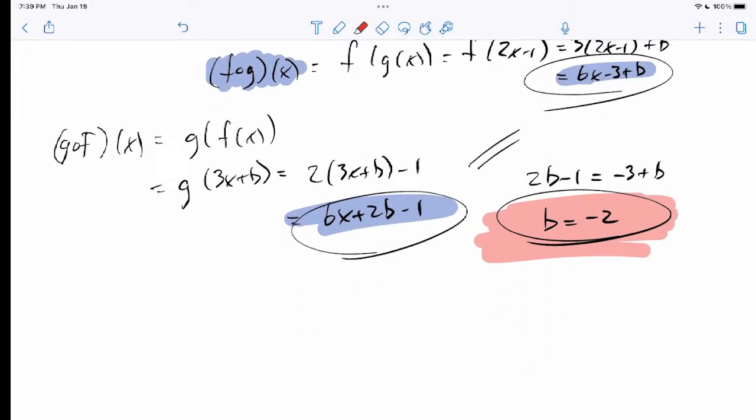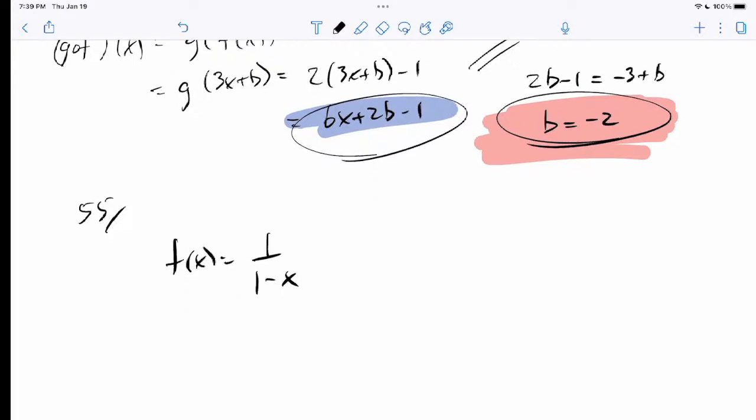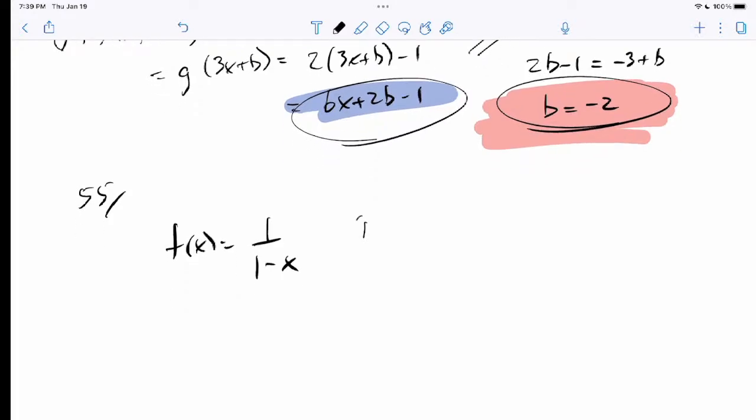Okay. And then 55. Yeah, and that's how I got the negative 2. Very good. So for 55 here, we've got this 1 over 1 minus x function, and they have you do the composition a bunch of times.